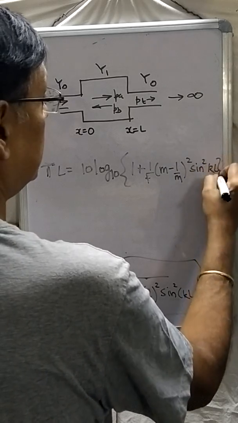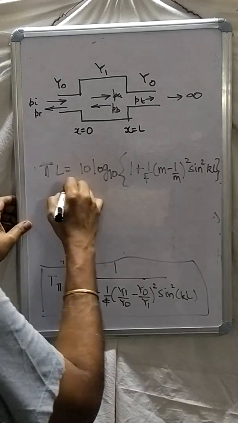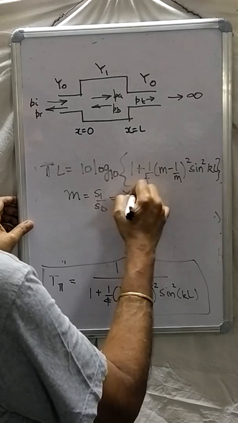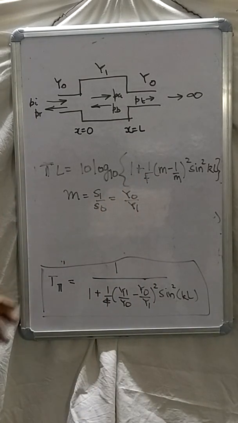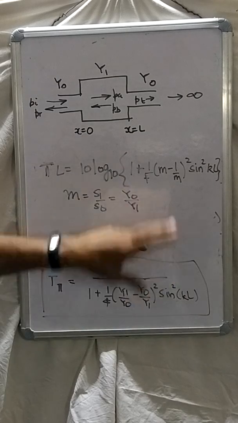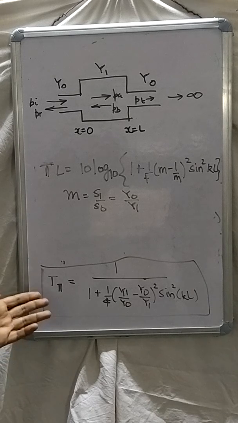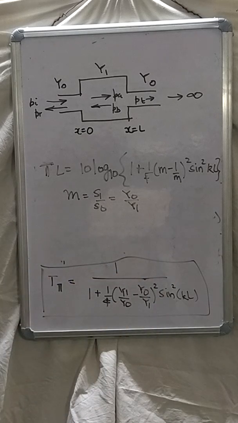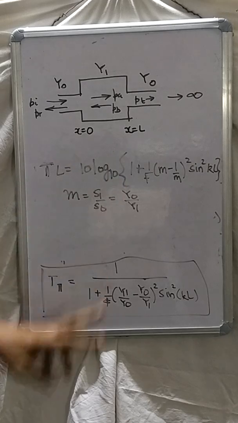So this is the expression for transmission loss that we derived. Remember, m is the area ratio, so m is S1 by S0, which of course is Y0 by Y1. You can see that, except for the fact that this is flipped, remember the transmission loss definition is the incident power by the transmitted power, whereas this T pi expression is the fraction of the incident power that is transmitted, so therefore it has a reciprocal relationship.